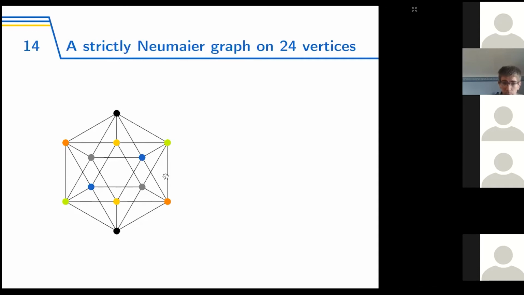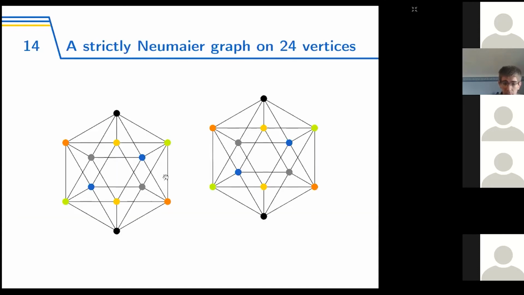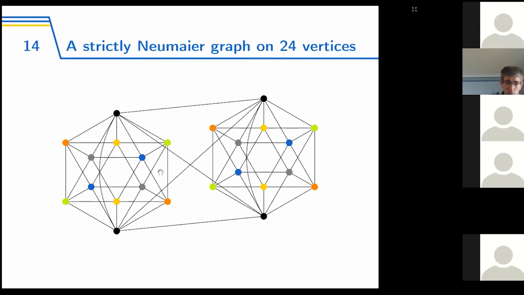Now, what do we do? We take a copy of this graph, and now we're going to connect all vertices with the same color. So I already started with the black ones. So I connect the black vertices inside the same graph and connect them with the black vertices of the other graph, well, the other copy.